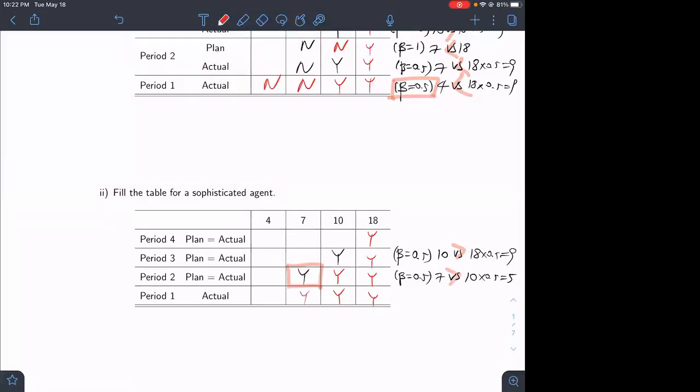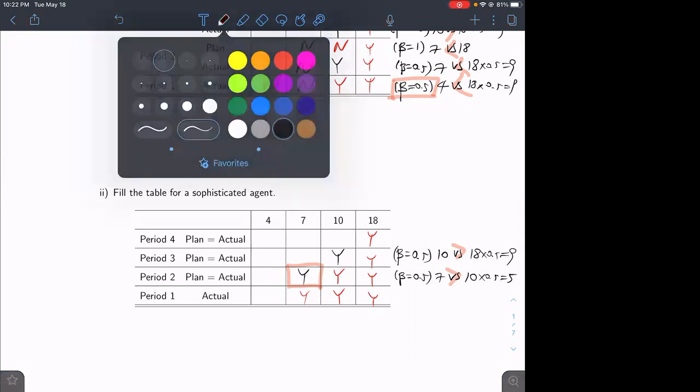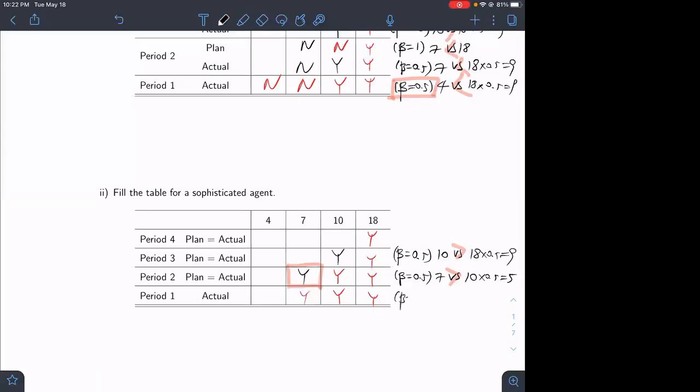I know that Yi-Hong already knows this very well based on what he explained in our main lecture, but let me still go over the last step, period 1. It can be a bit tedious, but let me finish this example. For the sophisticated agent, beta equals 0.5, and 4 is the immediate reward, the immediate payoff.